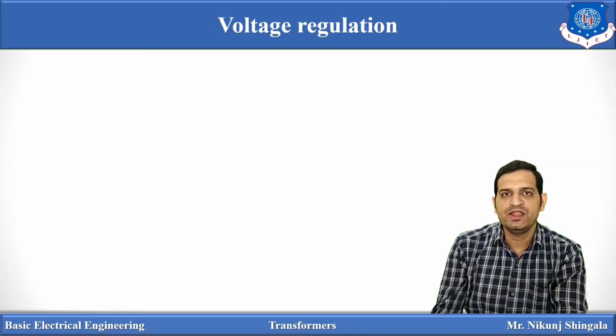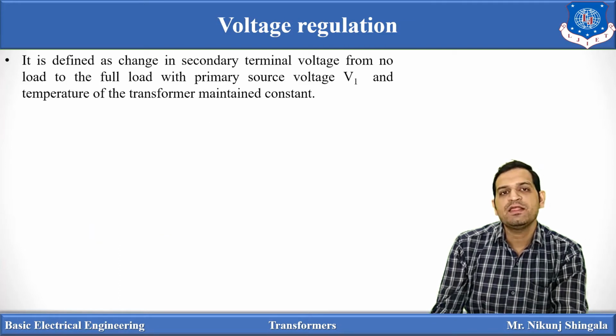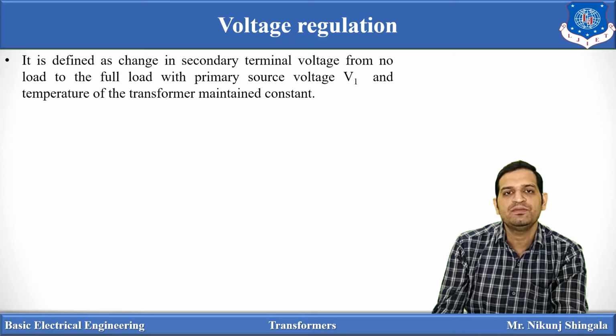Now moving towards the voltage regulation. It is defined as the change in secondary terminal voltage from no load to full load, with the primary source voltage V1 and temperature of the transformer remaining constant. As load is connected across the secondary, there will be a change in the terminal voltage, that is V2 will not be equal to E2. Between the no load condition and the full load condition, the value of V2 is changing.